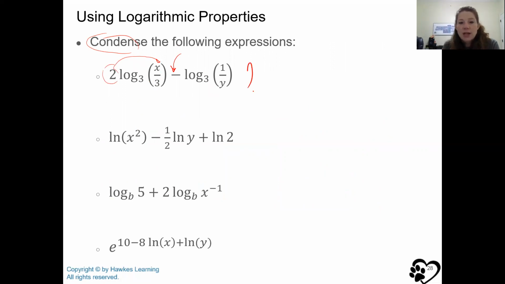And so let's get started. All right, so let's do log base 3 of, we're going to take that 2 and make it an exponent for this whole thing, x over 3 squared, right?